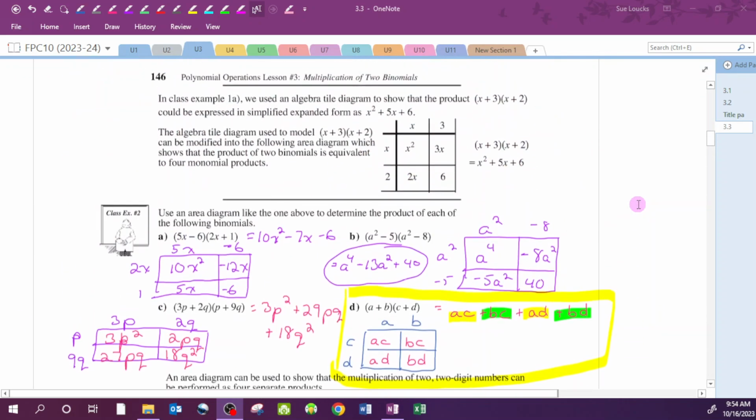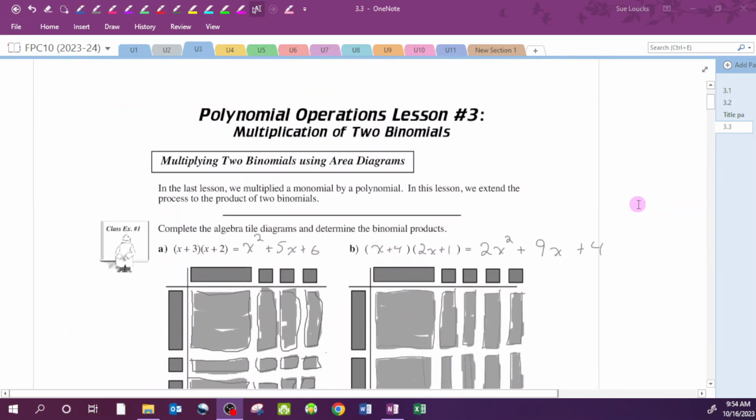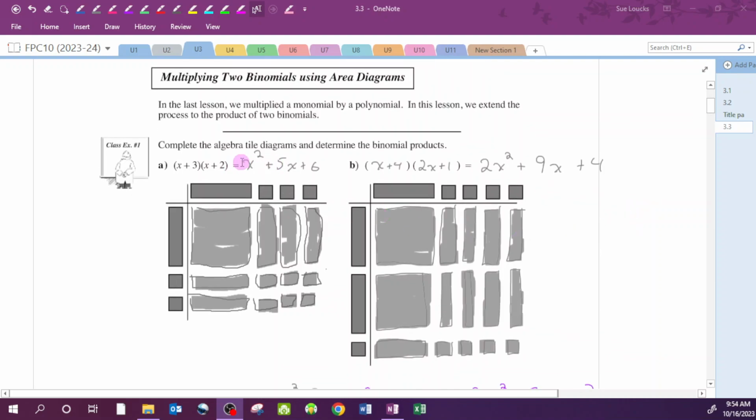And we're just going to hop back up here for a minute and look at this. This is the same product, same multiplication that we did. And so if we multiply, we've got the x times x plus 3, we did x times x got us the x squared, and now let me try it this way.